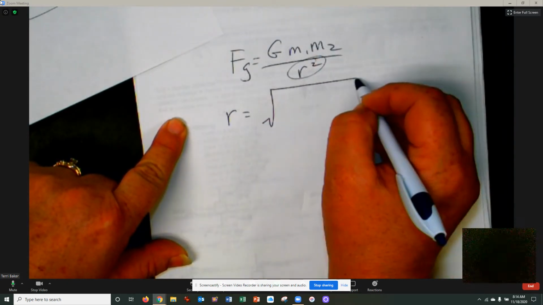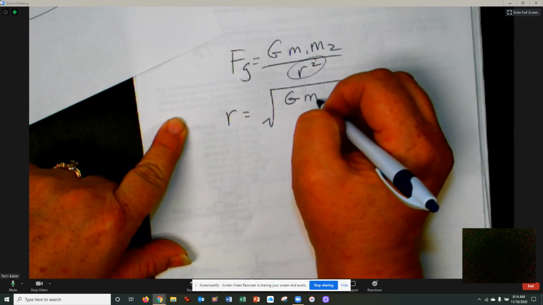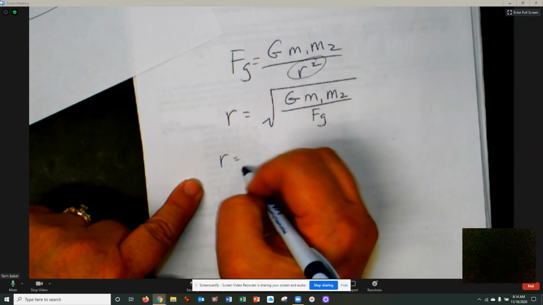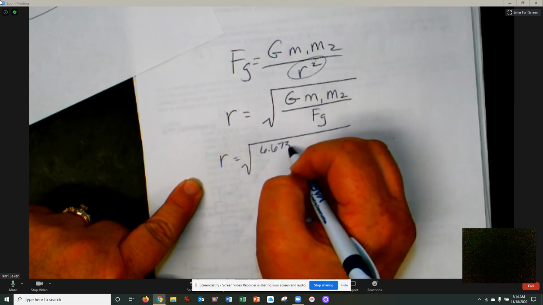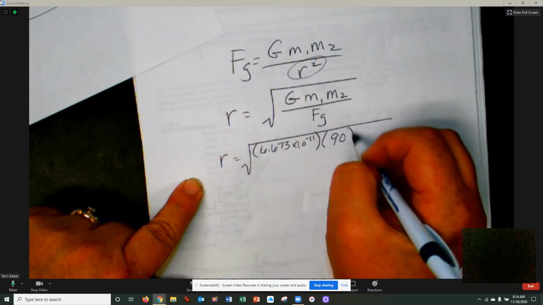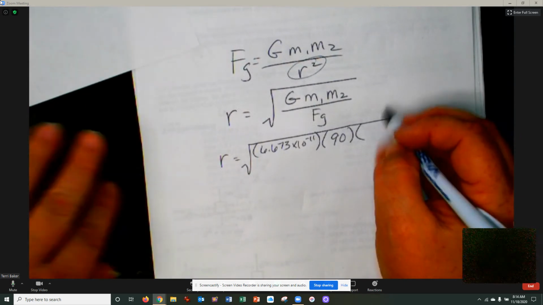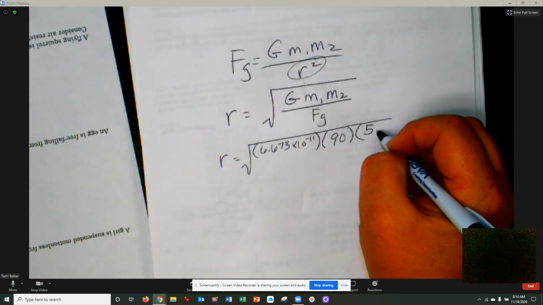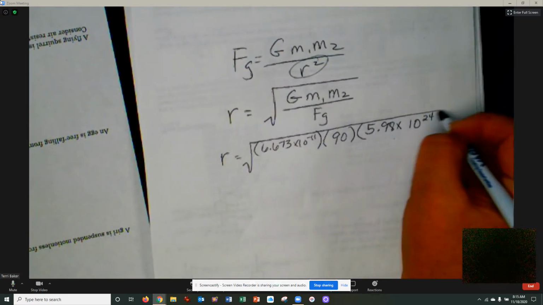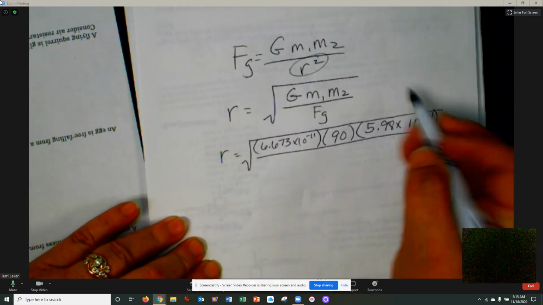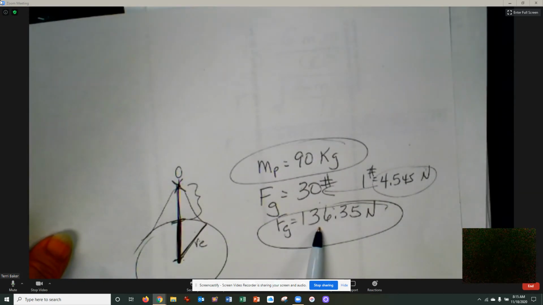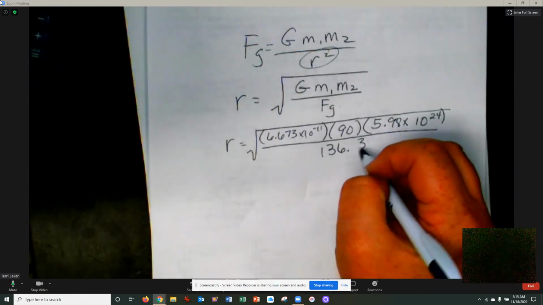R is going to be the square root of G times mass 1 times mass 2 divided by your F of G. Plug in the values. 6.673 times 10 to the negative 11 times Pete's mass, which is 90, times the mass of the Earth, which is 5.98 times 10 to the 24th, divided by our F of G, which we said, when we converted it, is 136.35.